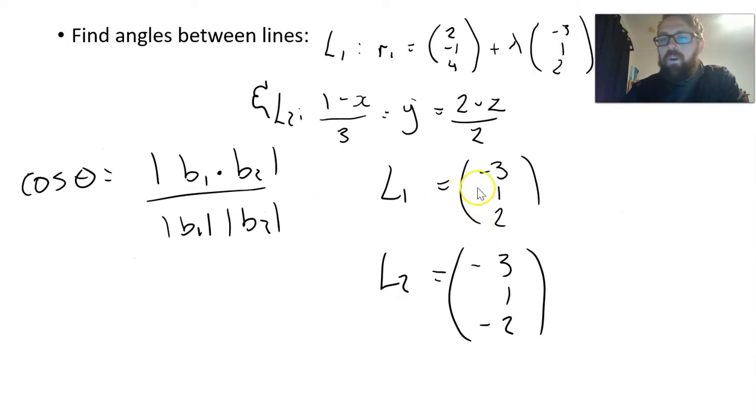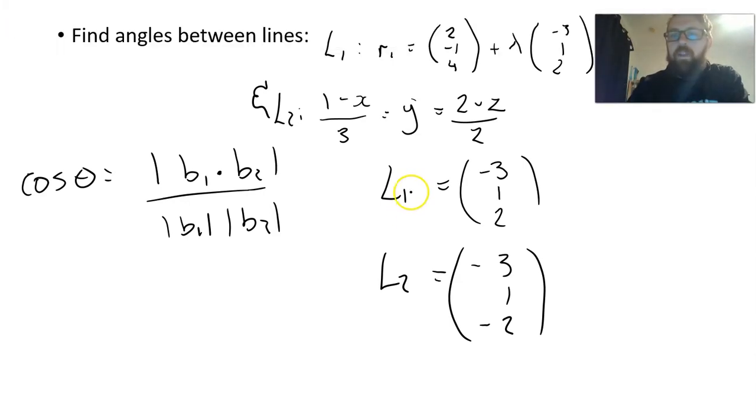If you have a look at what we've got, you've got -3 and -3, 1 and 1. If you multiply those both by 1, they're equal. 2 and -2, so those don't quite work. But if that was a -2 and a -2, we could say straight off the bat that these are parallel. They're not, so we can work them out.